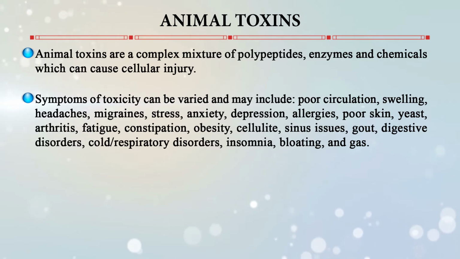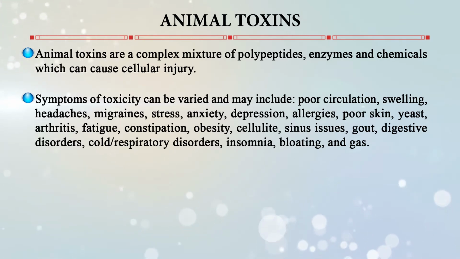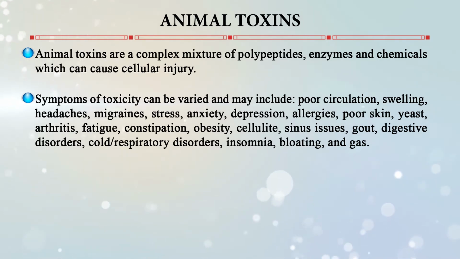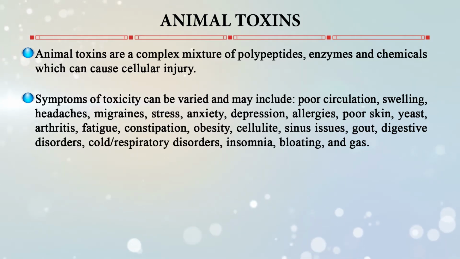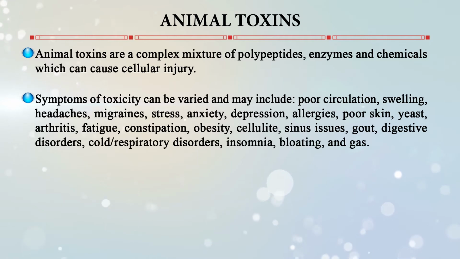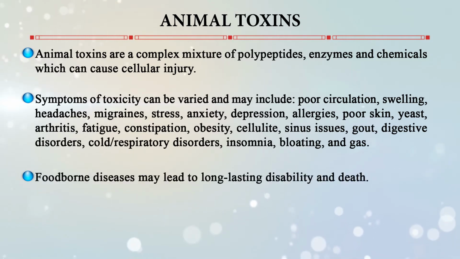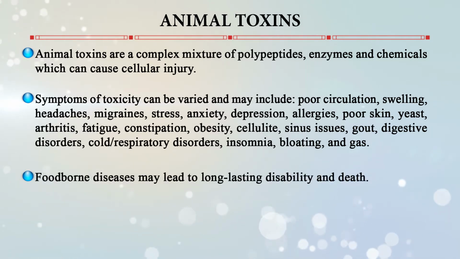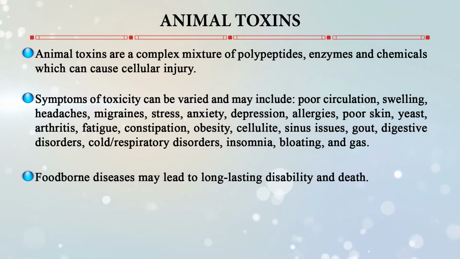They could create gout, digestive disorders, cold and respiratory disorders, insomnia and sleeping disorder, bloating, and also a gaseous distension of the abdomen. Foodborne disease may lead to long lasting disability and also death in extreme circumstances.